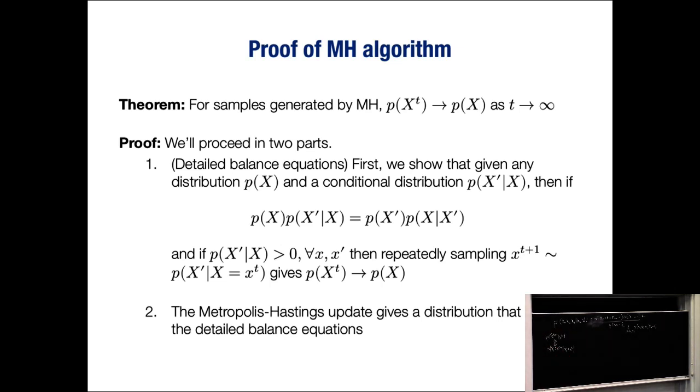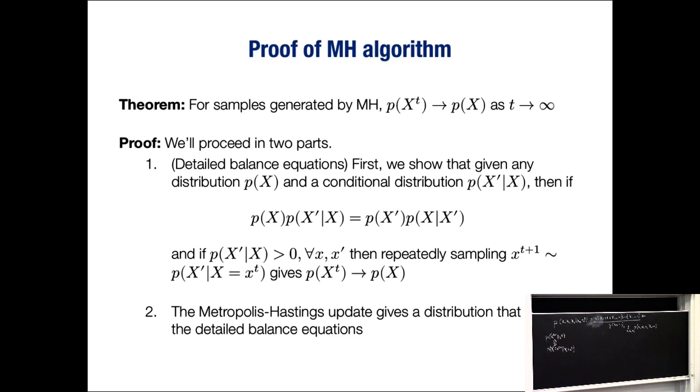All right, so the theorem here is a little bit of a lengthy proof, and I'm actually going to leave out the most interesting part of it, because it deals with some properties of Markov chains that I don't know how to easily prove without talking about eigenvalue properties. So I'm going to leave that part out, but I'll tell you what it is, informally. The proof goes in two parts.